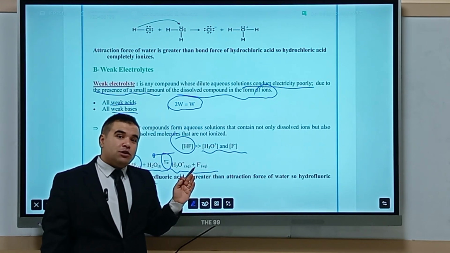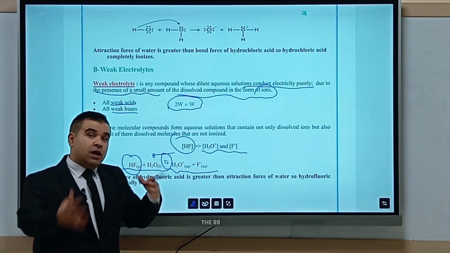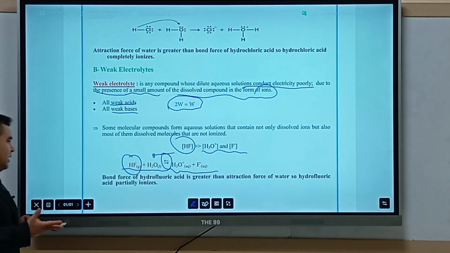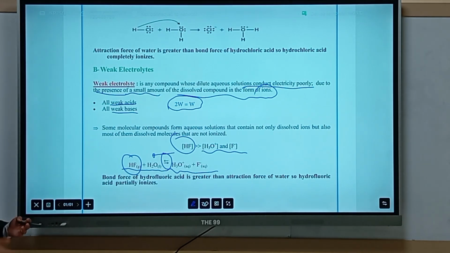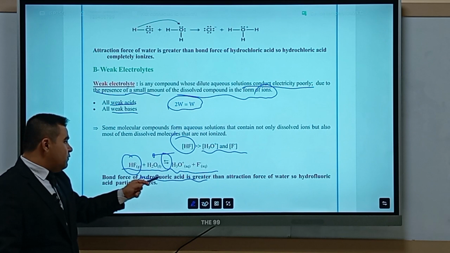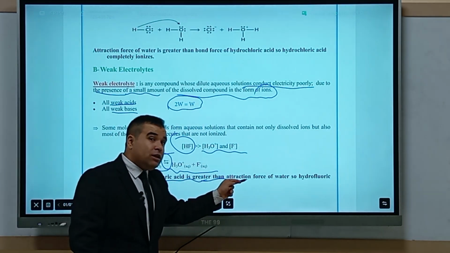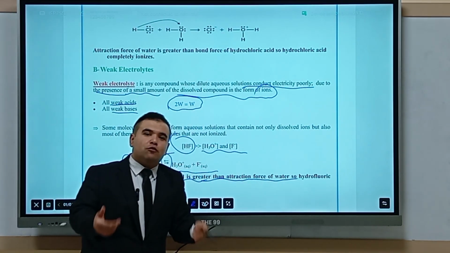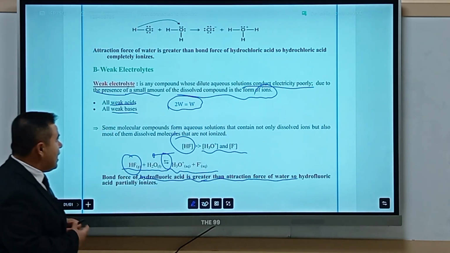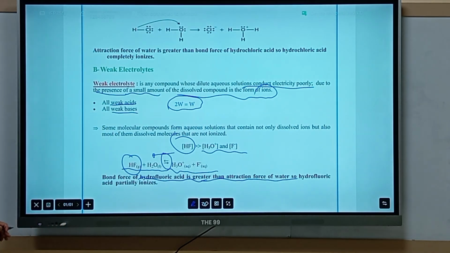So in a weak electrolyte, the concentration of the non-ionized molecule is much higher than the ions in the medium. Why? Because the bonding force in hydrofluoric acid is greater than the attraction of water to the hydrofluoric acid. That's why hydrofluoric acid is difficult to ionize, unlike the HCl above.